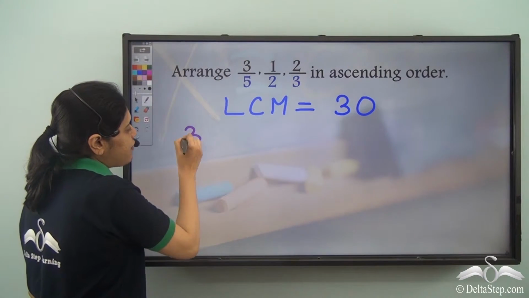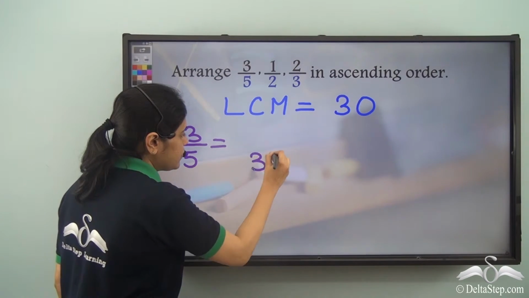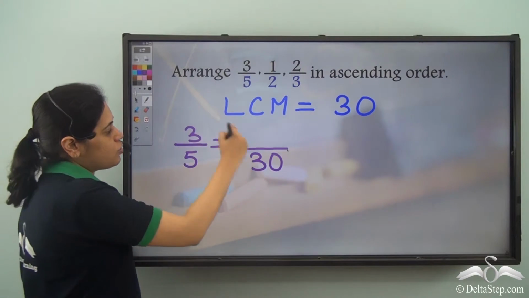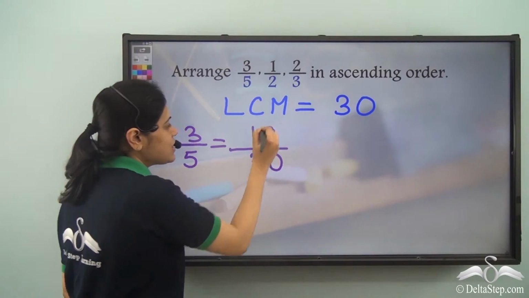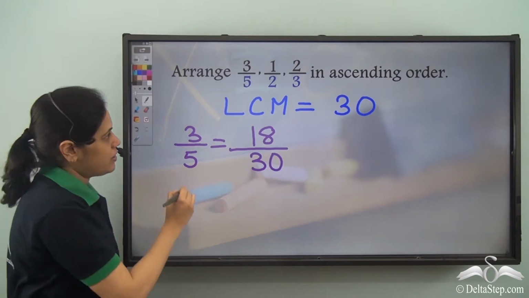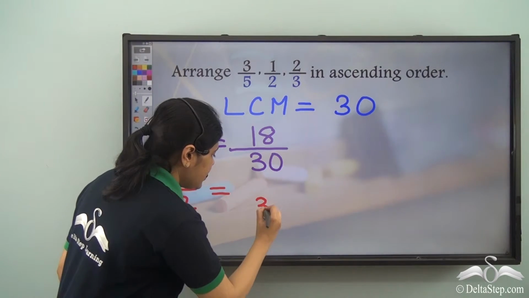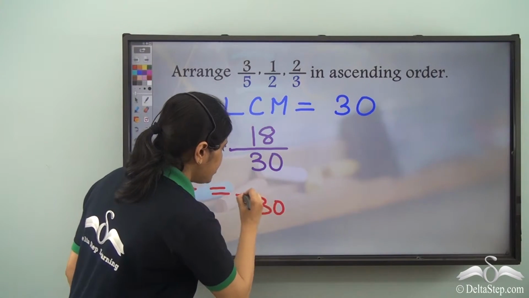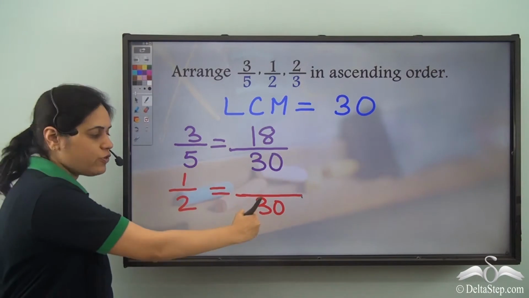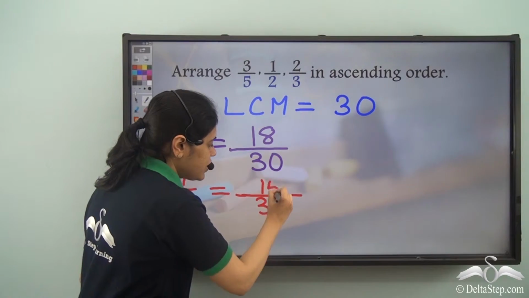So 3 by 5 is equal to something by 30. 5 into 6 is 30. So 3 into 6 is 18. These are equivalent fractions. Then I have 1 by 2. I need to make a fraction with denominator 30, which is equivalent to 1 by 2. 2 into 15 is 30. 1 into 15 is 15.